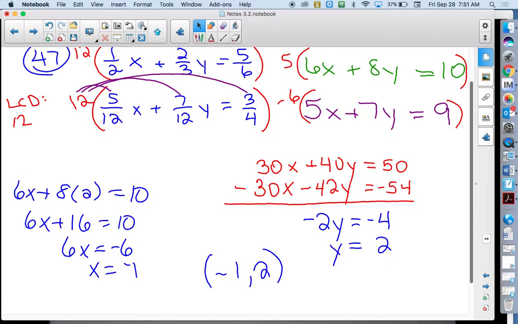So that same process you can use for 49, except 49, the first equation has the set of fractions, not all of them. But using the least common denominator eliminates the fractions from the problem. Any questions on that?